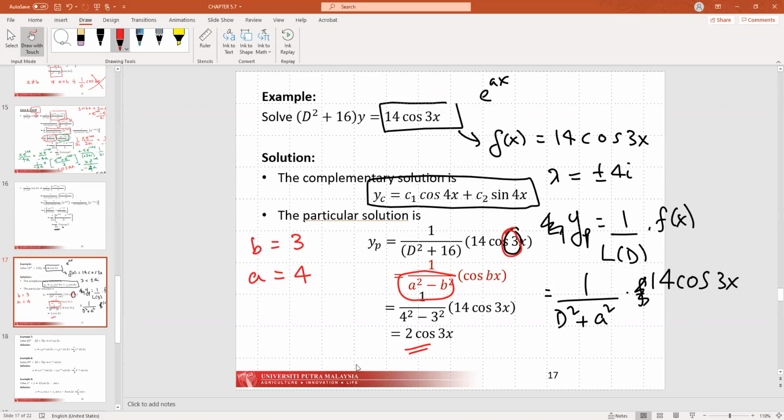So dapat 2. So the whole solution will be y just equals to C1 cosine 4x plus C2 sine 4x plus 2 cosine 3x. So this is just 7.